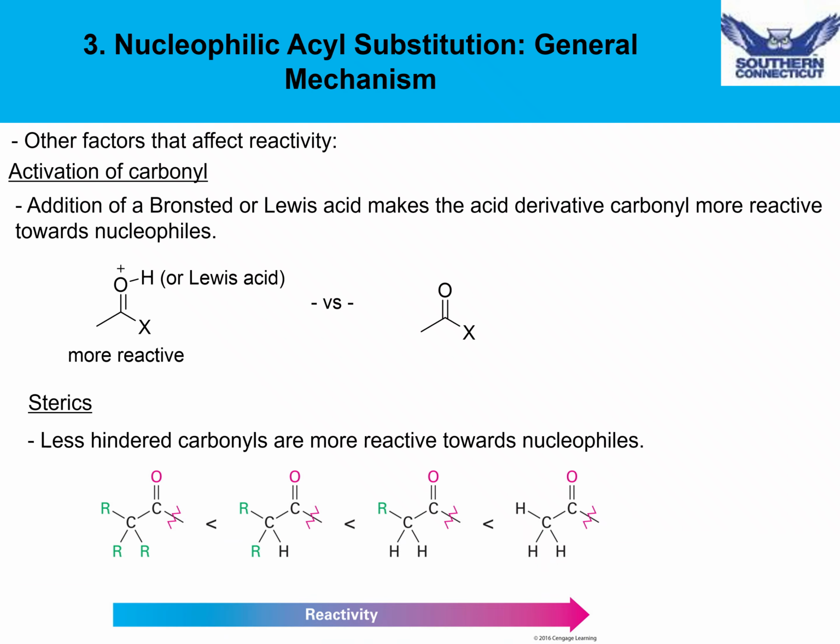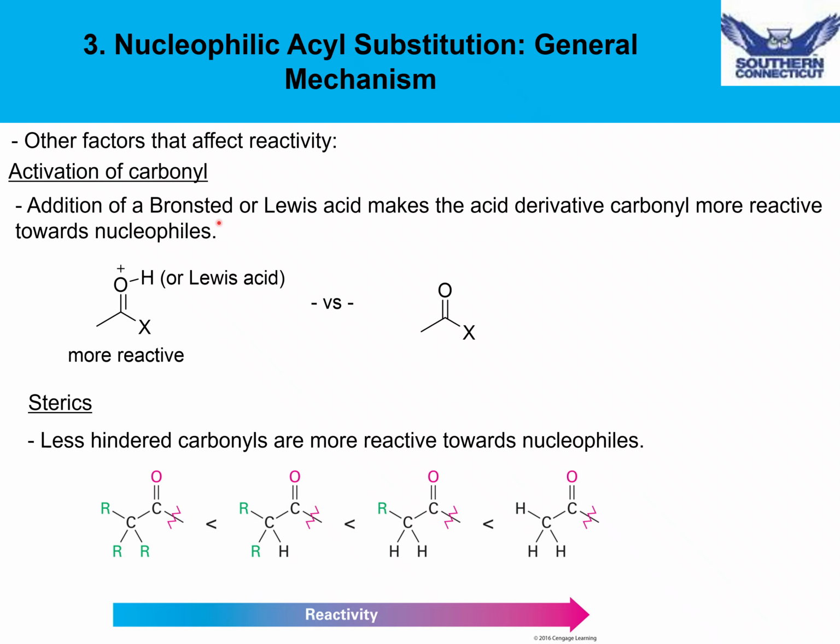There are other factors that will influence the reactivity of a particular carbonyl compound. For example, using an acid, whether it's a Bronsted or a Lewis acid, will help to quote unquote activate the carbonyl and make it more electrophilic and therefore more reactive towards nucleophiles. So if you have one of the acid derivatives like an amide or an ester, which are generally considered less reactive, we can still get them to react if we activate the carbonyl first by using a Lewis acid or a Bronsted acid.